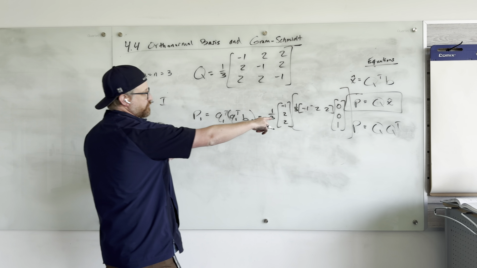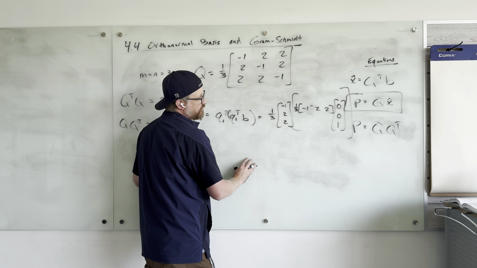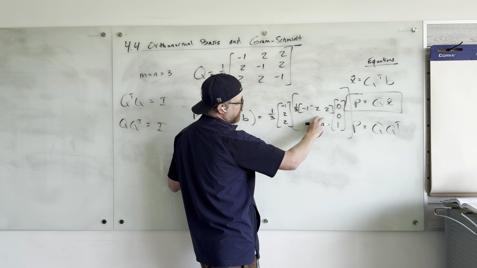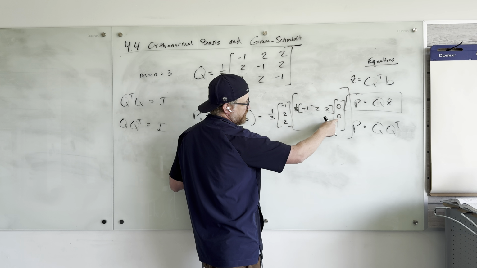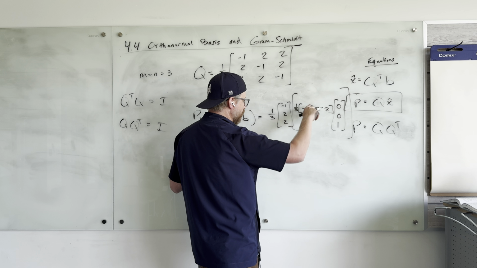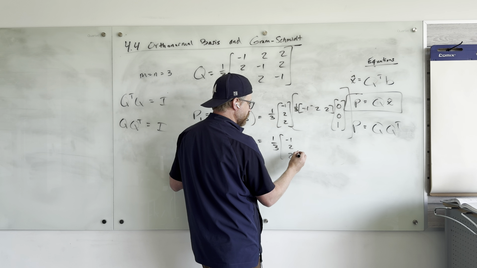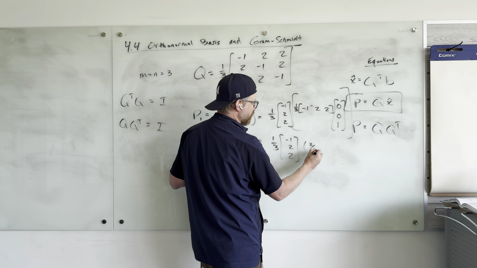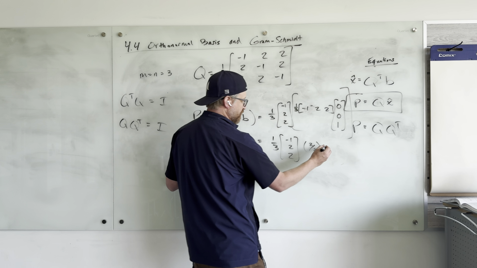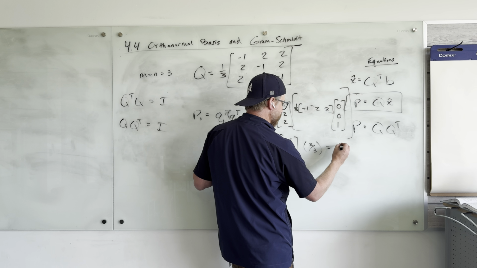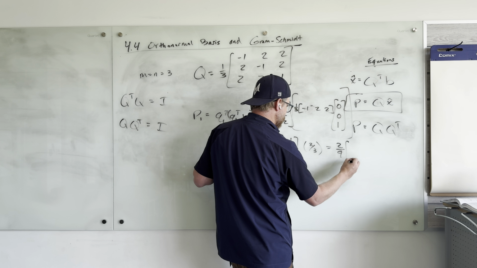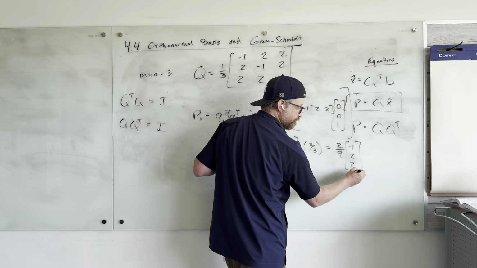All right, so I want to do this multiplication first, because it gives me a scalar: -1, 0, 2, 0, this will give me 2. So this is 2/3. So I have 1/3 times my vector -1, 2, 2, times 2/3. This comes out to give me a first projection of 2/9, -1, 2, 2.